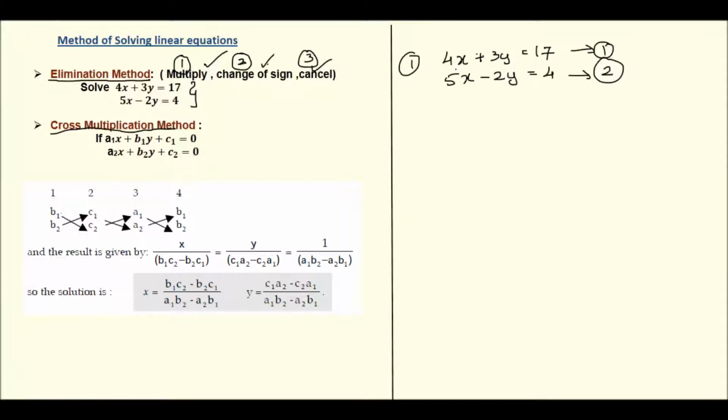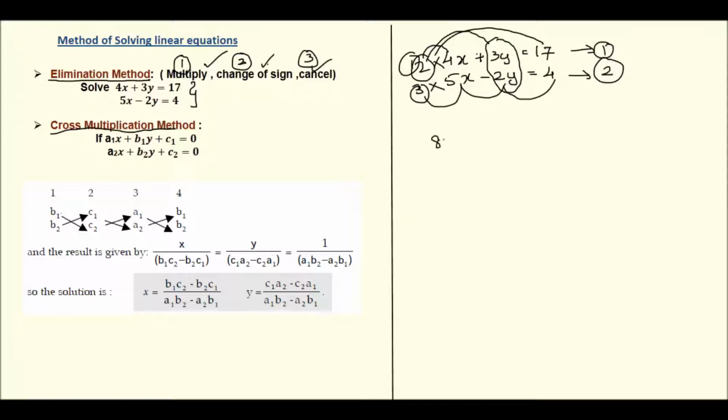First I am going to multiply with a common term, so that I can multiply with 2 here and with 3 here, because I have to make it 6y here and also 6y there to cancel this off. 2 into 4x plus 2 into 3y and 2 into 17, and 3 into 5x, 3 into minus 2y, 3 into 4.